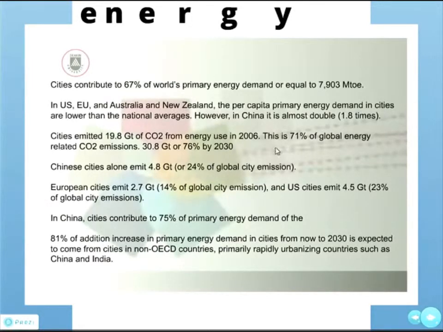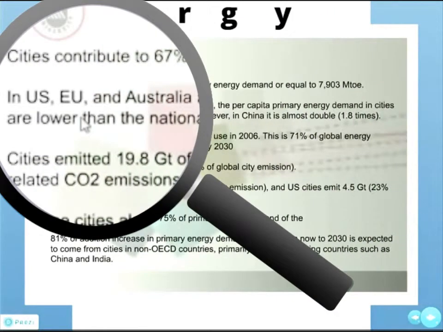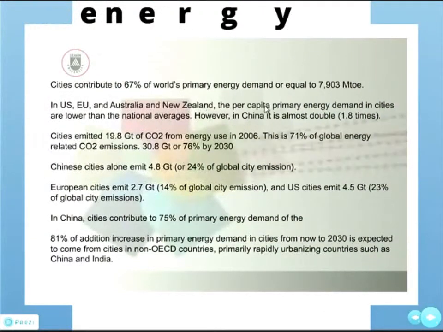And of course there are data here about the CO2 from energy use and so on. But one thing which I would like to refer to here is that point here, that in the Western world, the per capita primary energy demand in cities is lower than the national average.